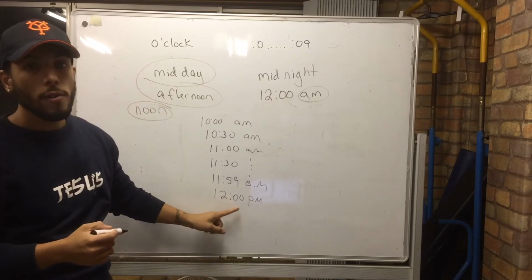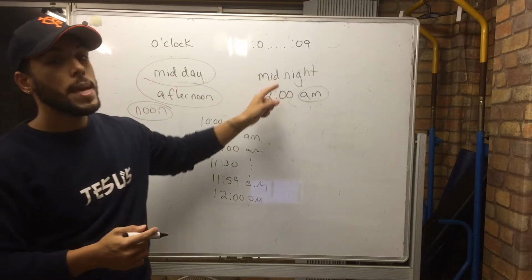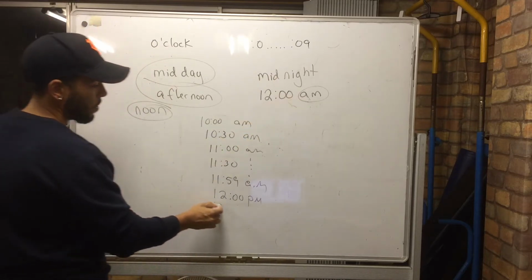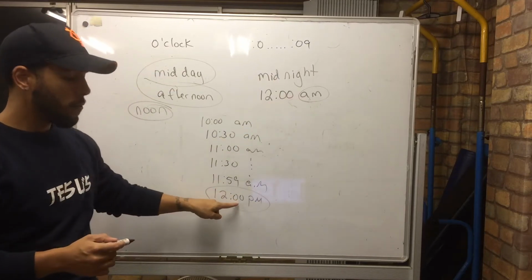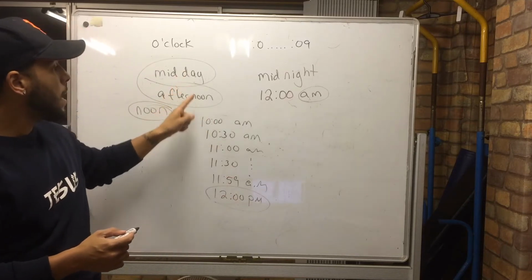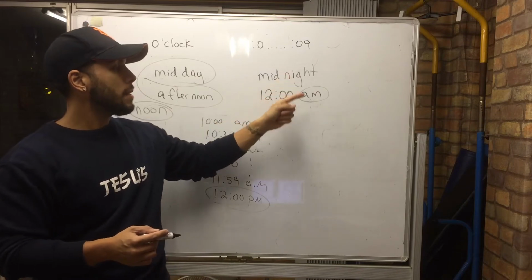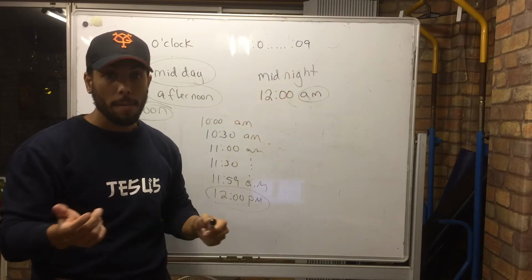That's 12 p.m. It's different from midnight, which is 12 a.m. Remember that, guys, okay? We have 12 p.m., which is midday, afternoon, or noon, or midnight, 12 a.m.